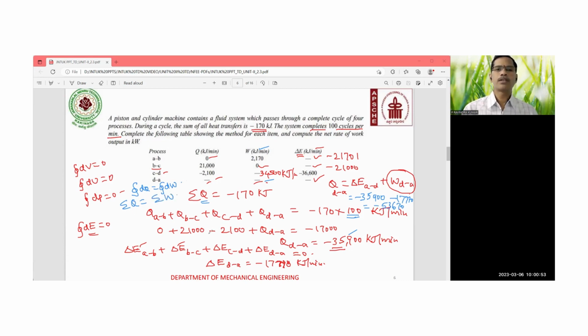While establishing this relation, you are going to get all these cells filled up. So this is how the student has to solve this type of problem. Hope this is clear.